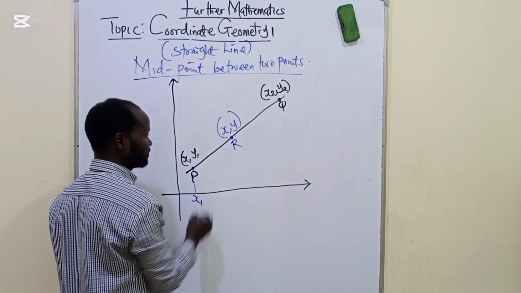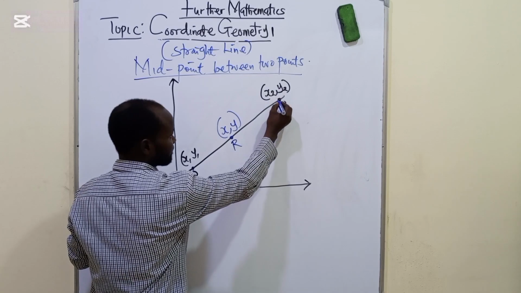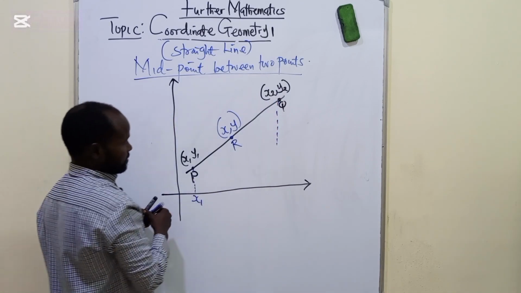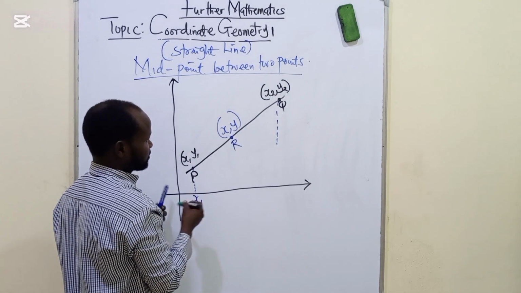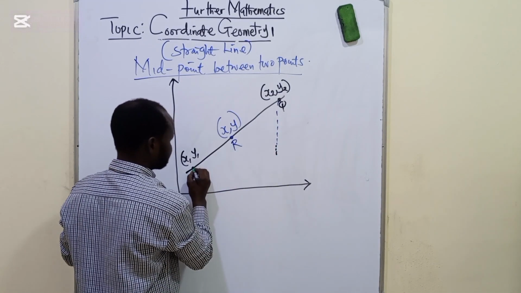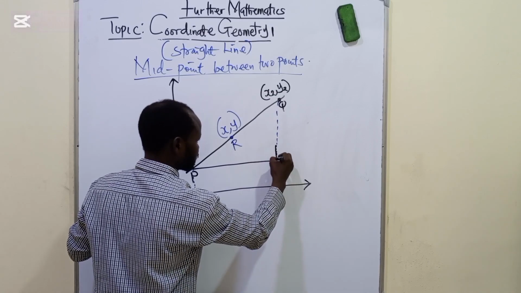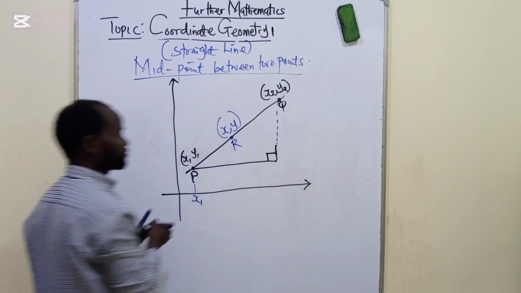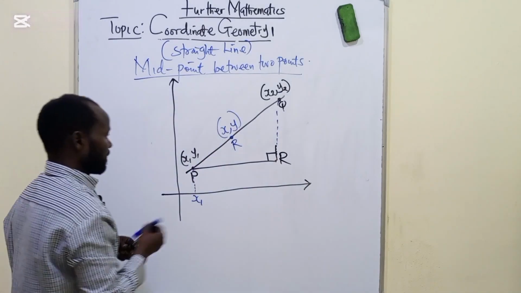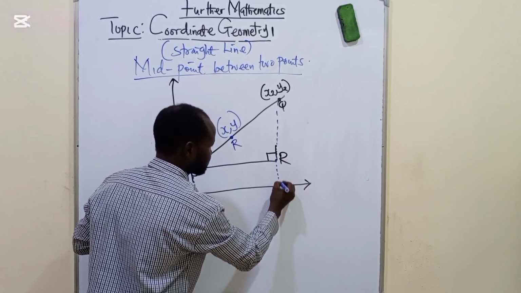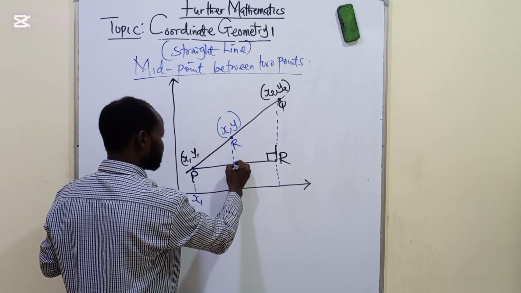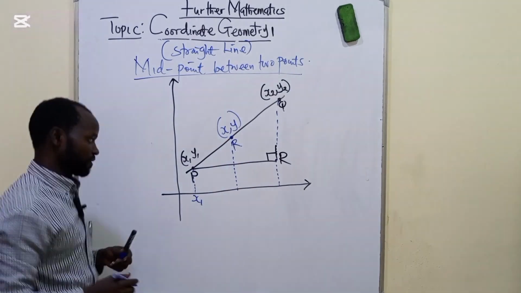We can trace this line down. Let this be x1. Then trace this down. Let me pick a point here. Suppose I have something like this. This is a right angle triangle, and let's say this is R. I can trace this down, and as well trace this midpoint down here.